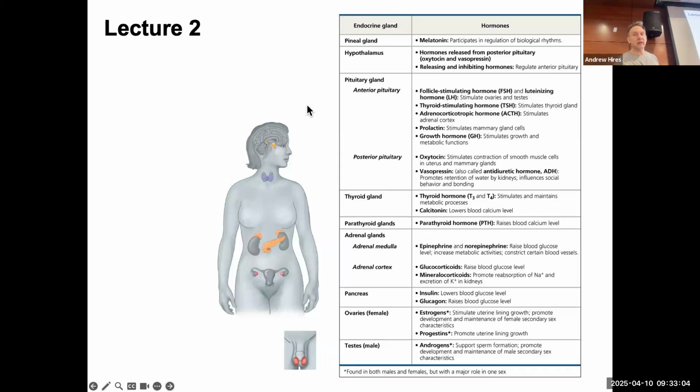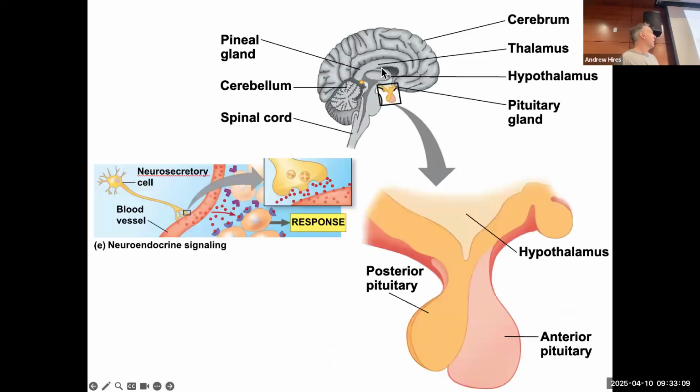And take a little review here of the overall anatomy of the signaling systems involved in releasing hormones from the posterior and anterior pituitary gland. This is the master gland of the endocrine system. The posterior pituitary is an outgrowth of the brain itself, so it has a direct connection to the brain.